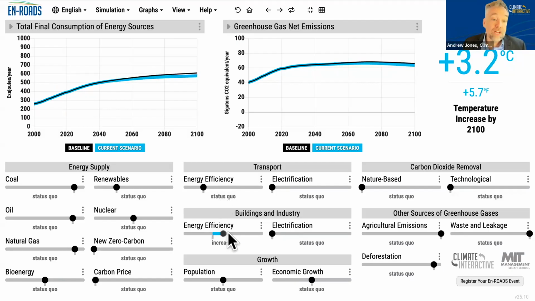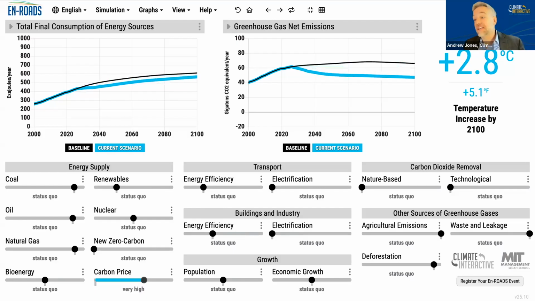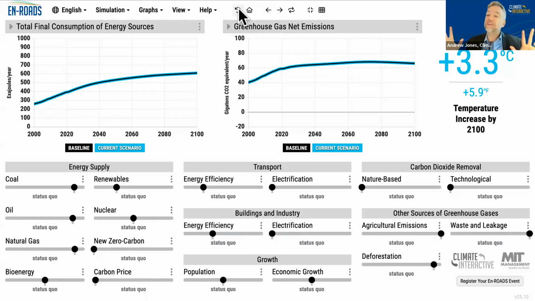If we're able to steadily increase the efficiency with which we use the energy in buildings and industry, in transportation, those are some of the main things. And anything that makes energy more expensive, unfortunately, that's also an equity challenge. But when we have carbon pricing, these are things that lead us to use less energy as well. That's the kind of suite, at this very high system level, that's what we have.